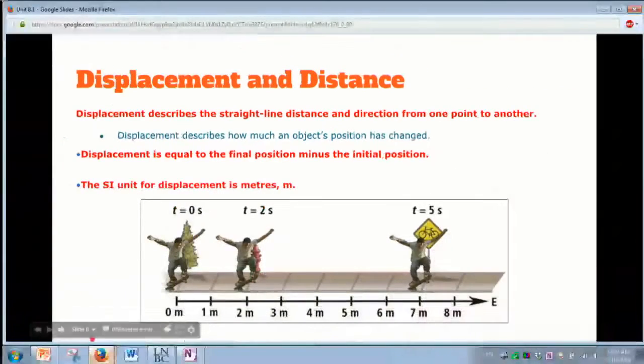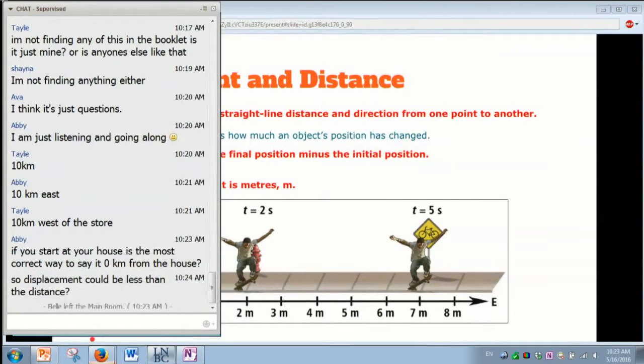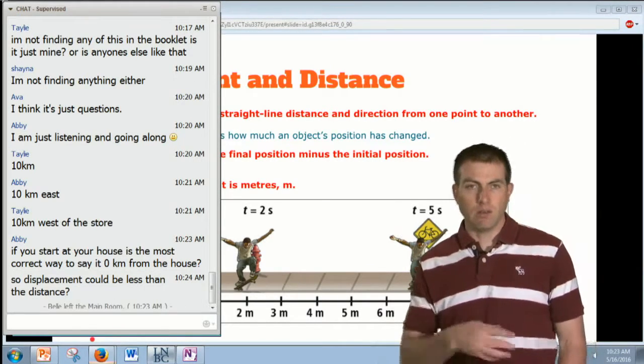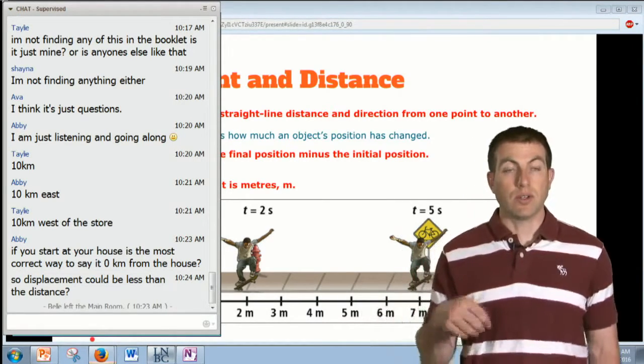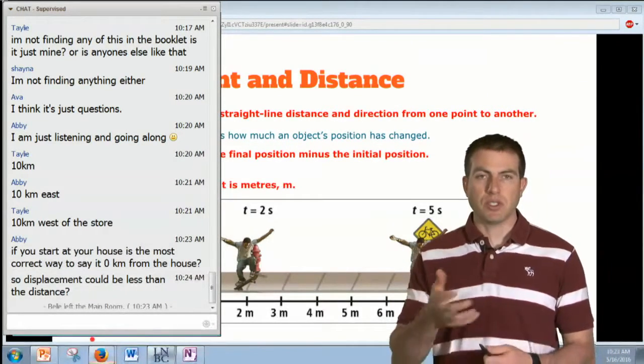Some questions here. If you start at your house, is the most correct way to say 0 kilometers from the house? I wouldn't say that there's any more correct way than another. They're all relative, right? They're describing the same thing, just in a different way.